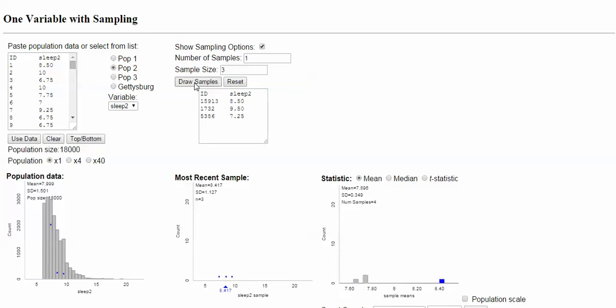And if we keep doing it over and over again, a lot of our samples are capturing all of these sleep-deprived people in the population. And that's why all of these sample means are going to be fairly low. Because if the population is sleep-deprived, you end up selecting a lot of sleep-deprived samples. And all of those samples end up having low averages.